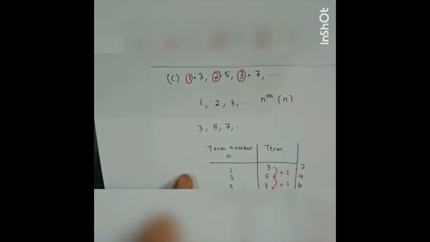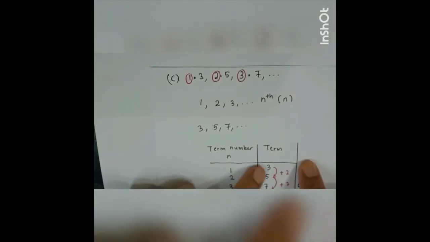Next, look at these two columns. To get 3 is 2 plus 1. To get 5 is 4 plus 1. To get 7 is 6 plus 1.